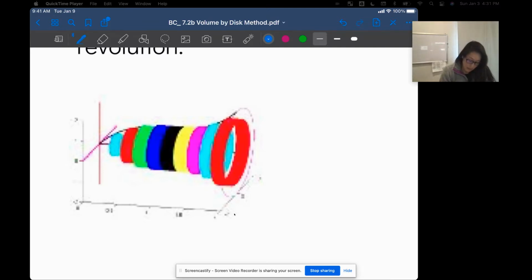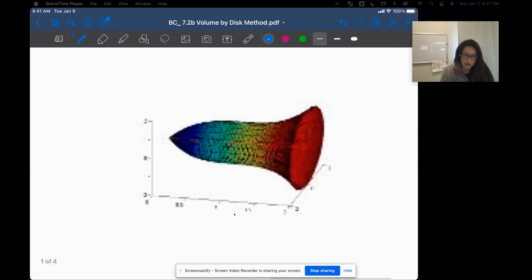And then if we cut the curve up into smaller chunks, so infinitely many rotations, then that is us taking the integral of the area of the circle, and then we end up with this three-dimensional object.